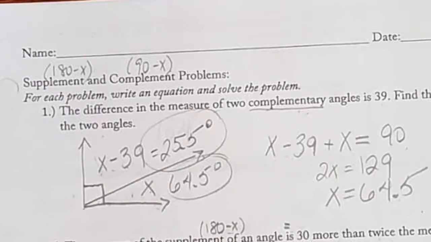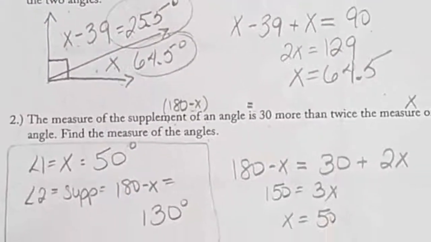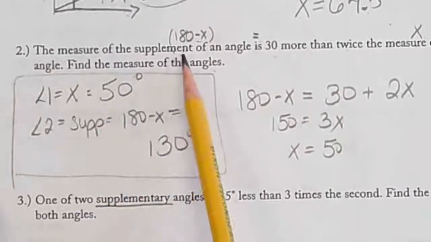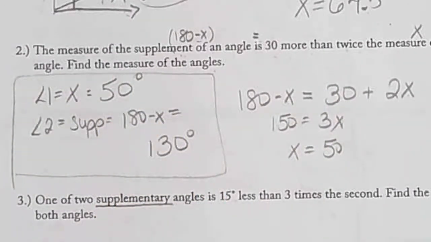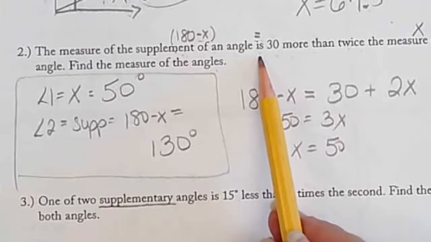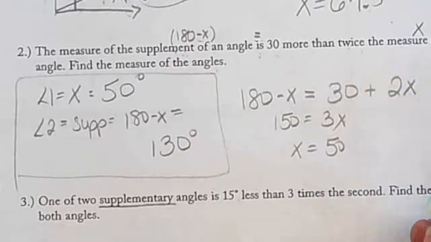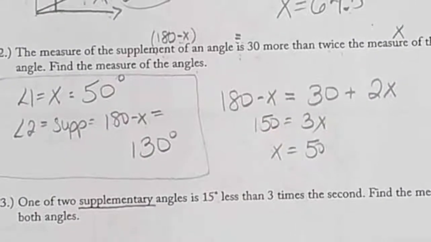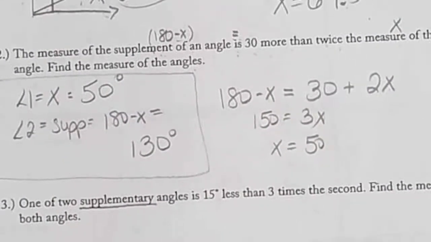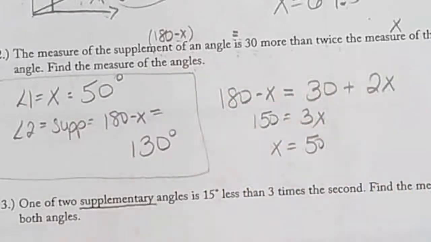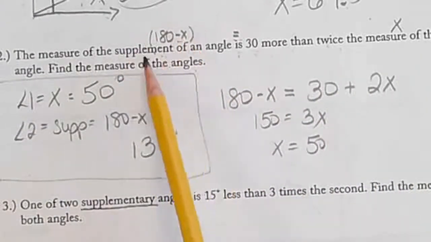Number 2 tells us we have the measure of a supplement, and I'm going to replace it with 180 minus x. It equals 30 more than twice the measure of the angle, so twice x. It's kind of nice that it's a fairly simple equation, but they did take the word supplement and they said it first, and maybe I wasn't ready for that, but that can happen.